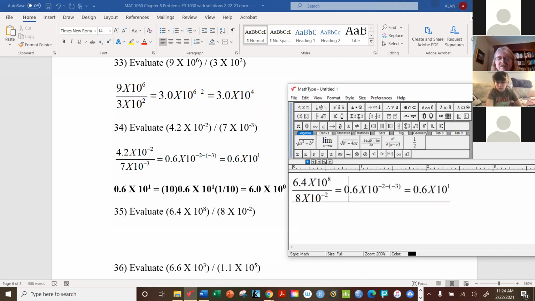All right, so the ratio of 6, you got the same thing here. 6.4 over 8 is 0.8, and we have 8 minus a minus 2, which is 0.8 times 10 to the 10th. But again, it's not exactly the way we want it.